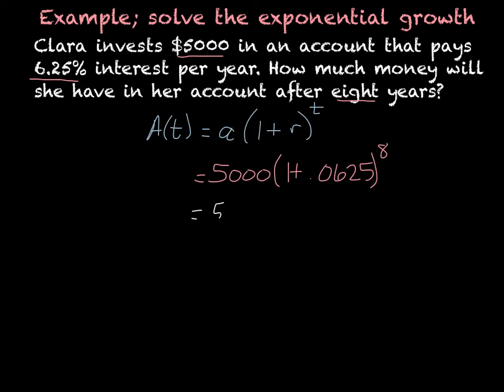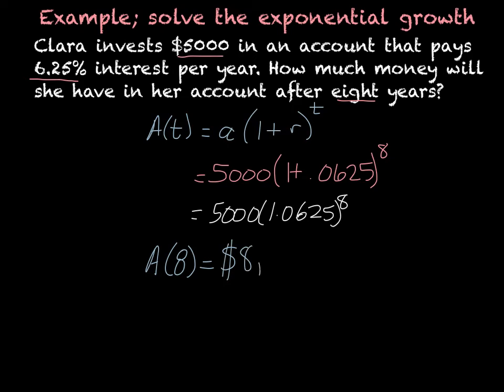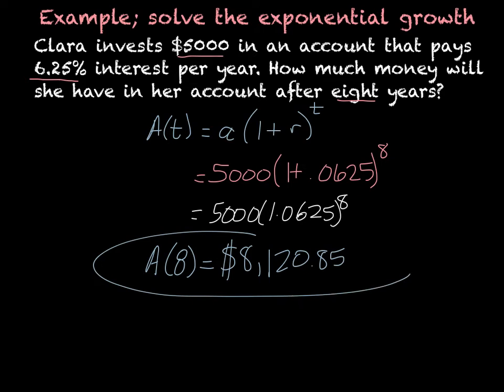So that would be 5,000 times 1.0625 to the 8th power. And that is what you type into your calculator to solve. And your final answer, A of 8, equals 8,120.85. And that's your final answer.